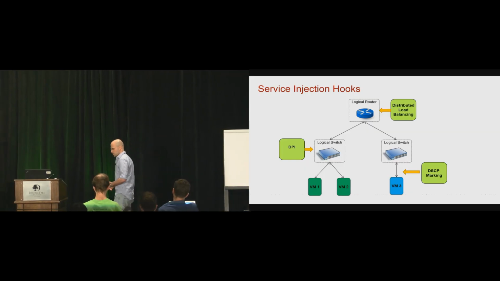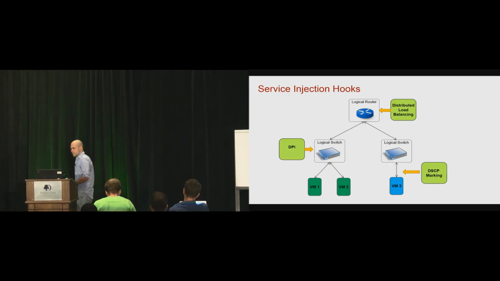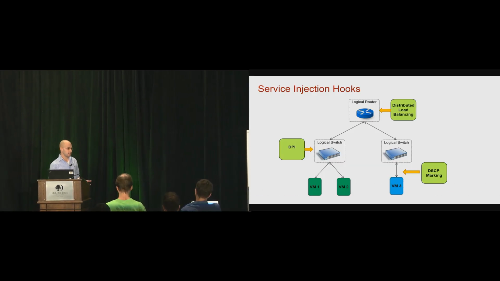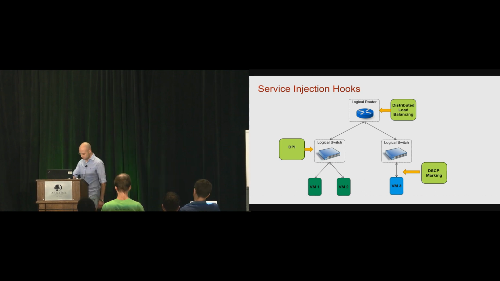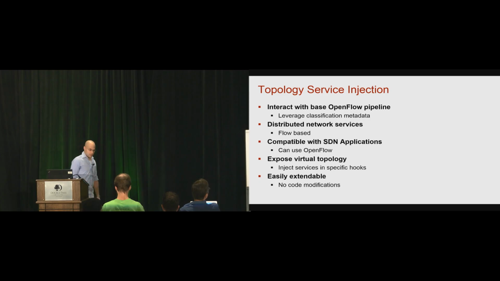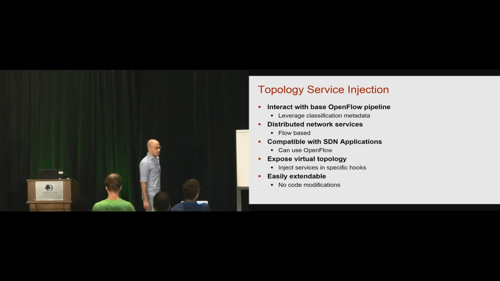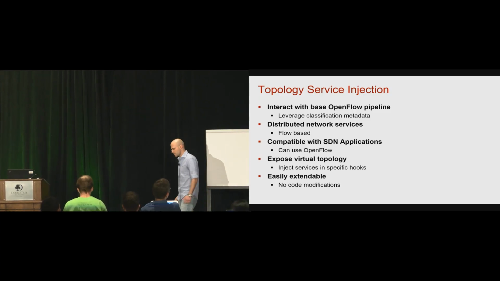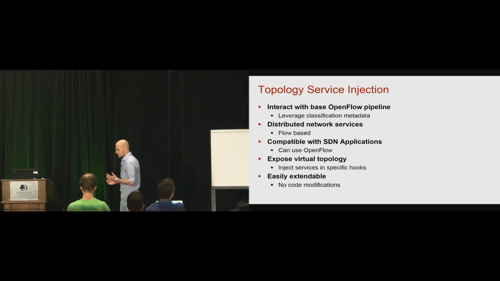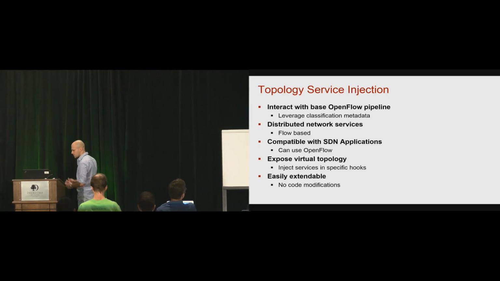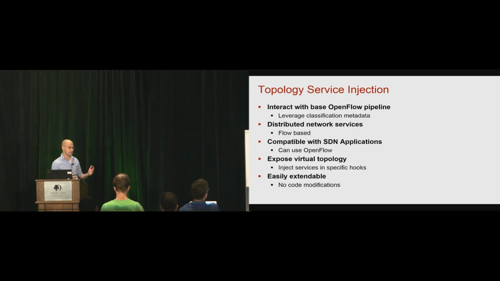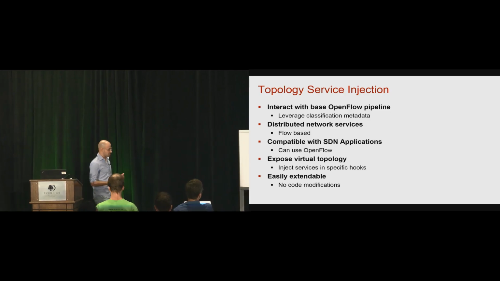It's important to note that the network infrastructure, in this case, will be in charge of compiling the final pipeline based on the default base pipeline and on the attached services. When you come to think about topology service injection, it's very similar to NetFilter or iptables, if anyone's familiar, where we have these predefined hooks, post-route, pre-route, forwarding, and so on, and the user is able to insert their own filtering rules in these places.